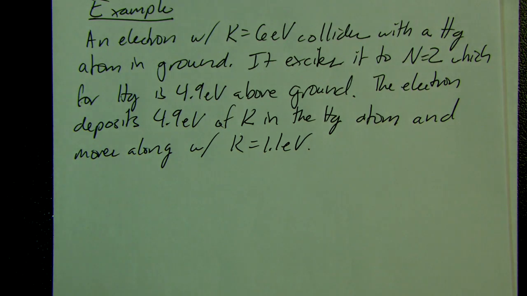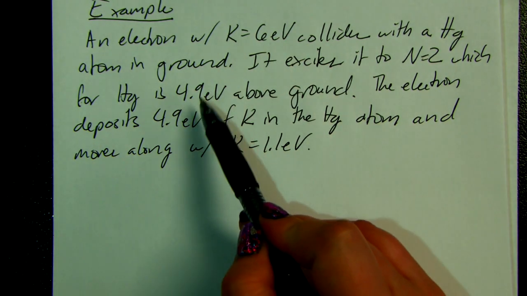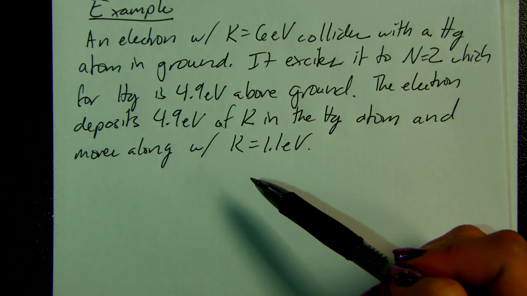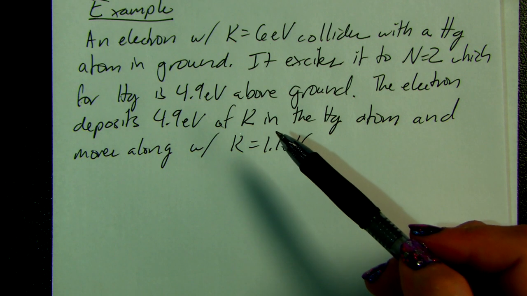So there you go, that's how that works. It started off with 6 eV, it deposits exactly 4.9 eV, and then it has 1.1 eV left over. So it would be going slower than when it originally excited.